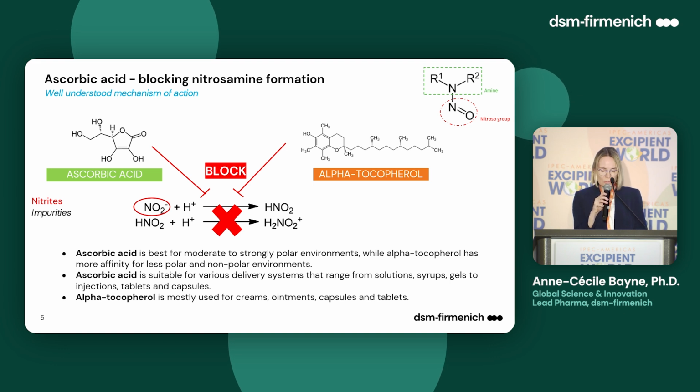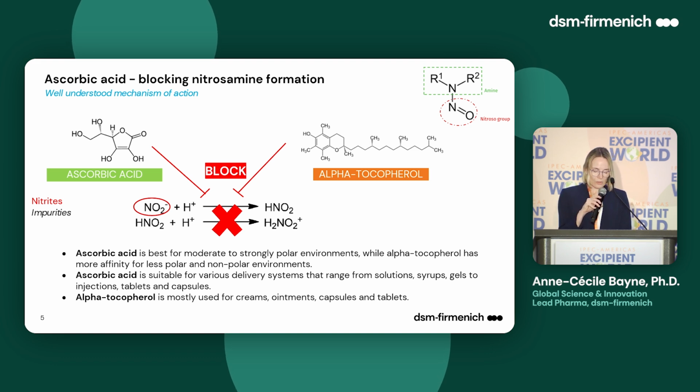So how do these two molecules block nitrosamine formation? Well, nitrates, which are often present as impurities in excipients, will form nitrosating agents like nitrous acid, which will further transform and react with the vulnerable amine being present.